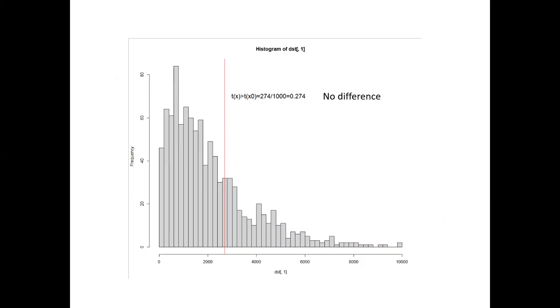Then you count, out of 1,000 in this case, how many values are above your observed test statistic, and you can calculate the probability. In this case, over 27% of the values are over that observed test statistic.